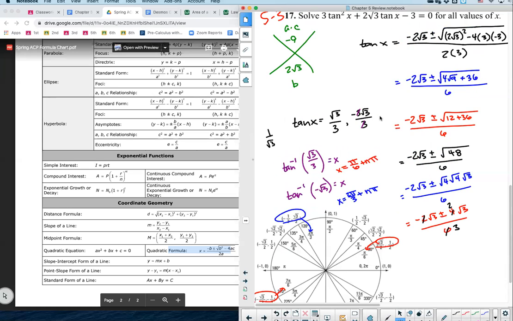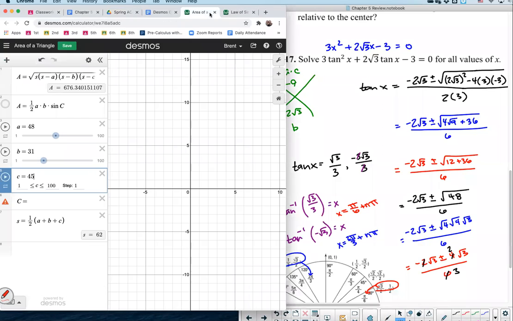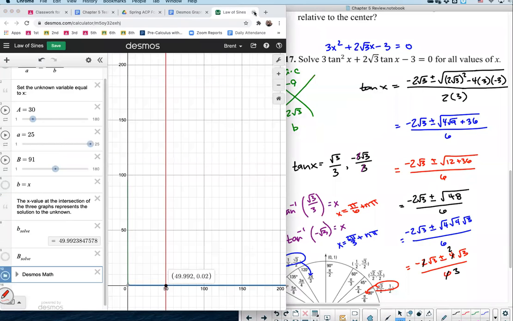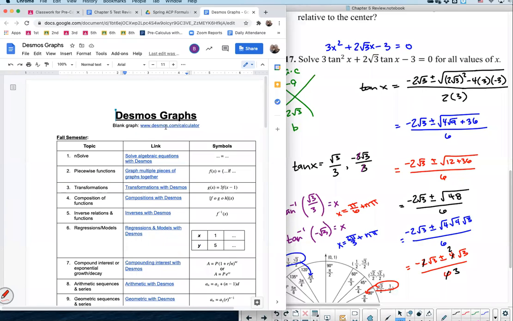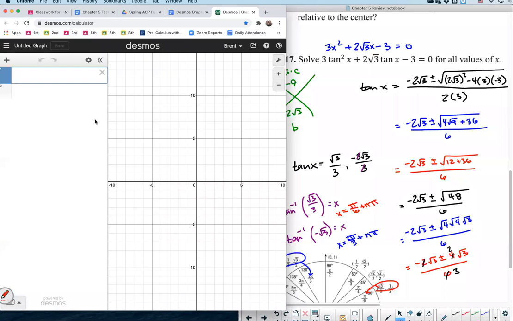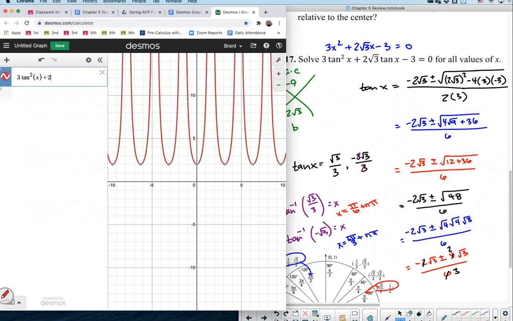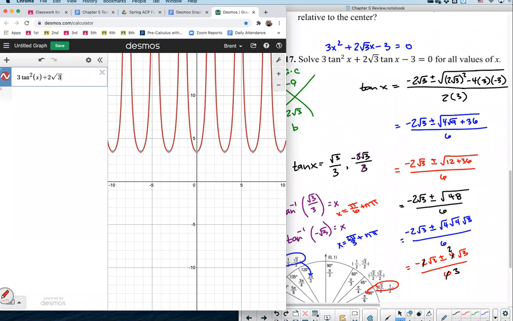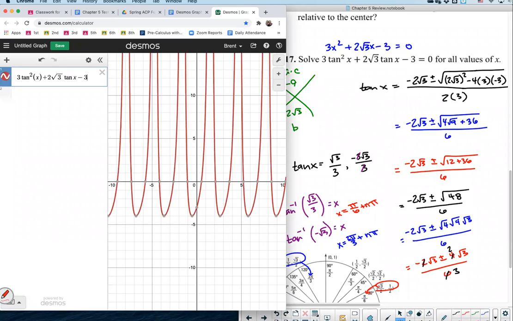Okay, after showing you all of that, could we have solved this with a calculator? You bet. Let me get a blank. Three tangent squared x plus 2 square root 3 of tangent x minus 3 equals 0.